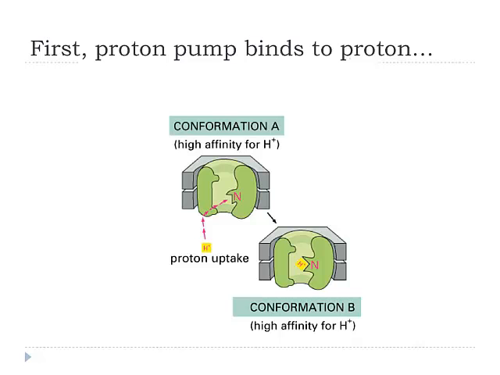So first, a proton binds specifically, based on its charge and its shape, to the transporter. Then there's a conformation change once that proton is bound. And there's a high affinity for protons due to a nitrogen atom being in that binding site.